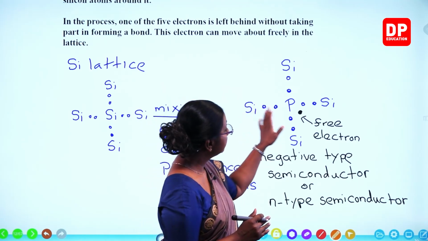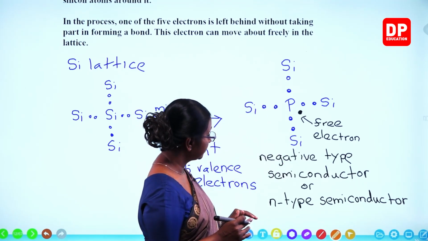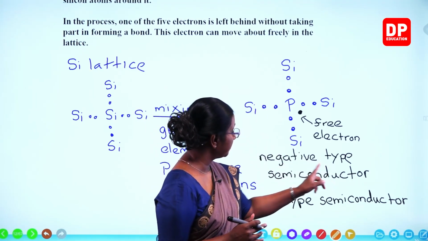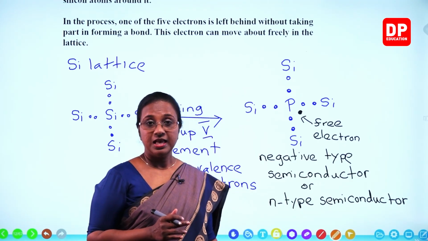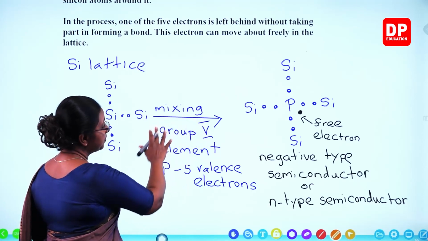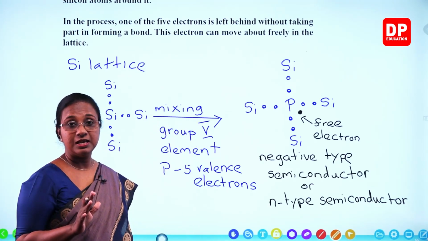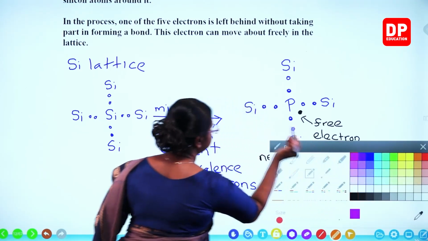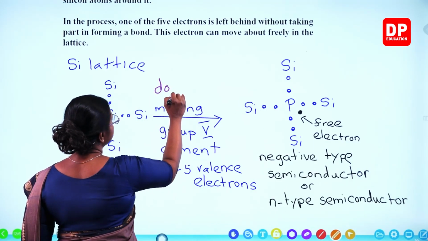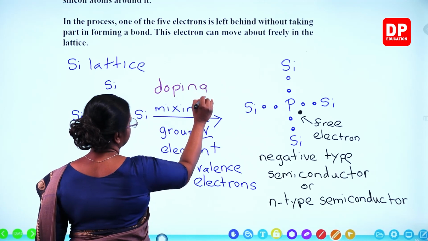Because of that, this type of semiconductor is known as a negative type semiconductor or N-type semiconductor. And the mixing of this particular element, that process is known as doping. This process is called doping.